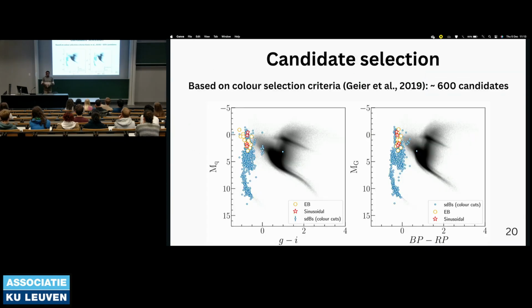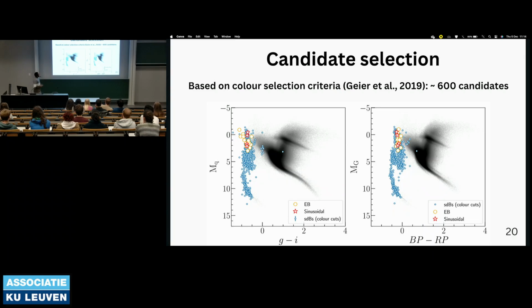So to apply our methods, we have to select our hot subdwarf candidates. And to do that, we built this color-magnitude diagram using the G minus I color and the absolute Q magnitude on the left. This consists of about 600 candidates, as you can see in the blue circles.